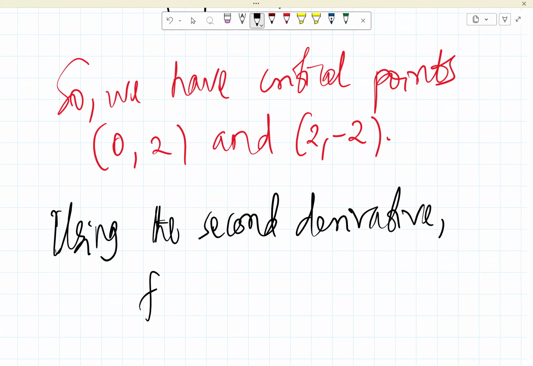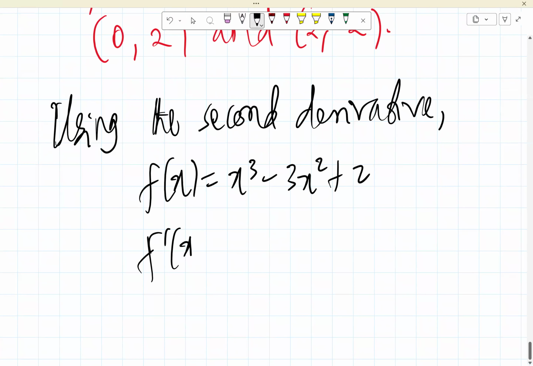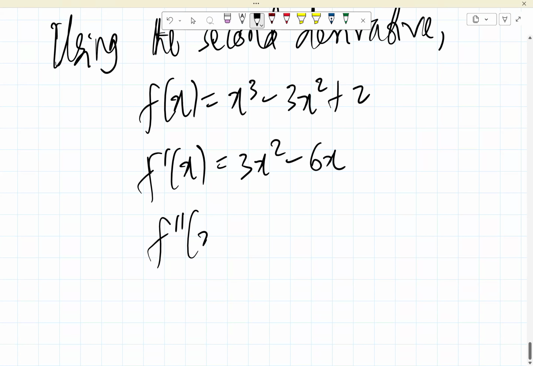Of course, we know the first derivative again from the original function, as we got before. I don't have to do this again. So f prime prime of x, the second derivative, is 6x minus 6.